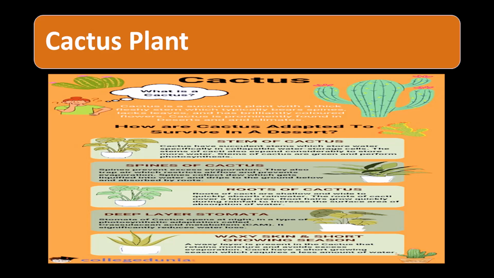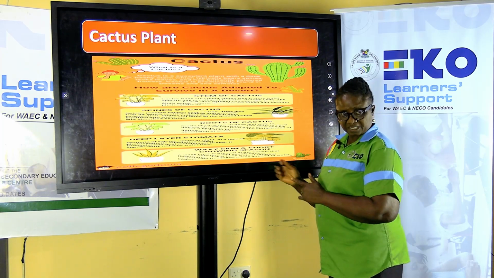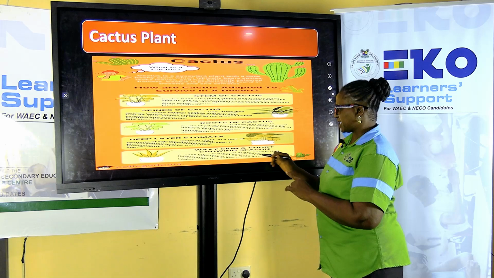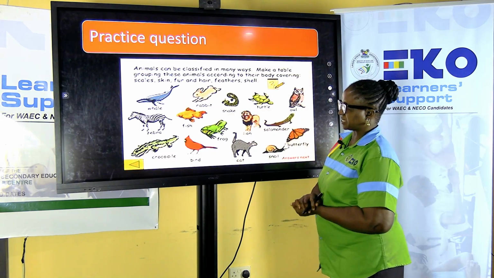They adapt to desert life: their stems, their spines, their roots, the deep layer stomata that reduces the amount of water loss. Then this other point, waxy skin and short growing season. Waxy skin or covering, since it's a plant, reduces the rate at which the plant loses water to the environment.